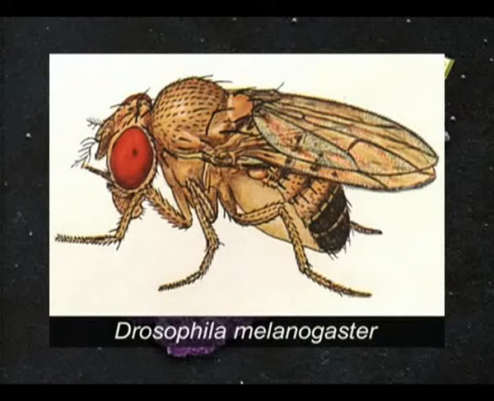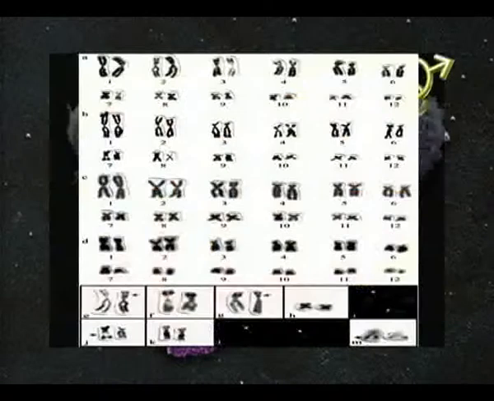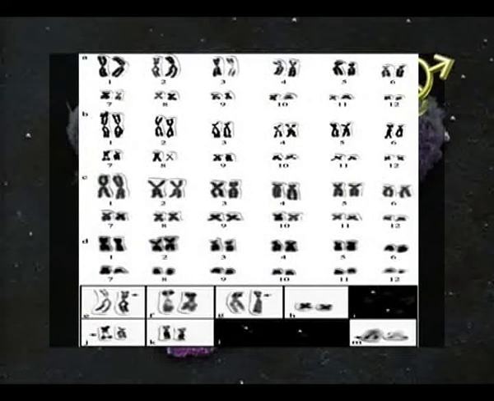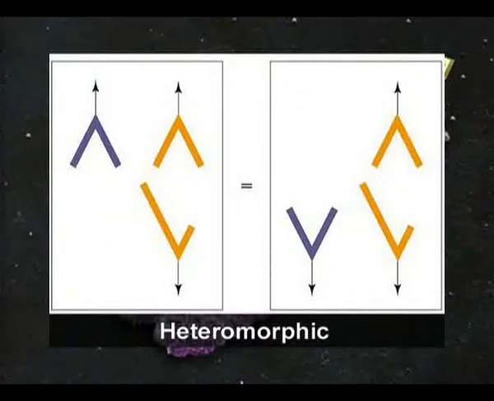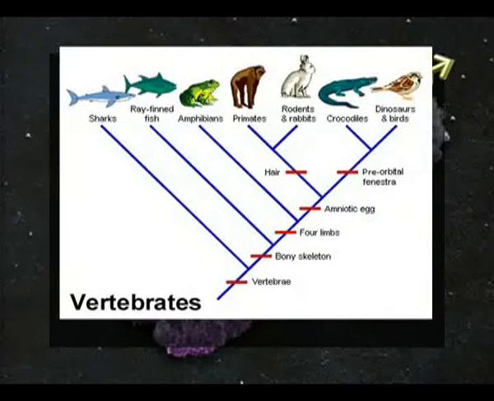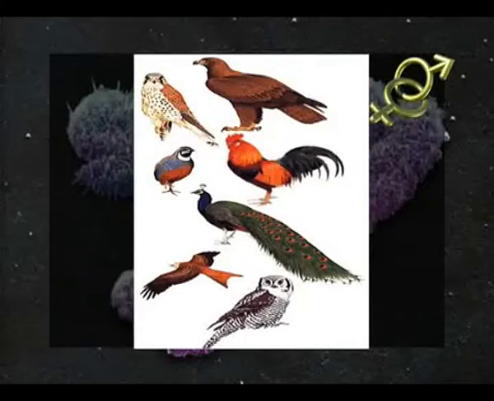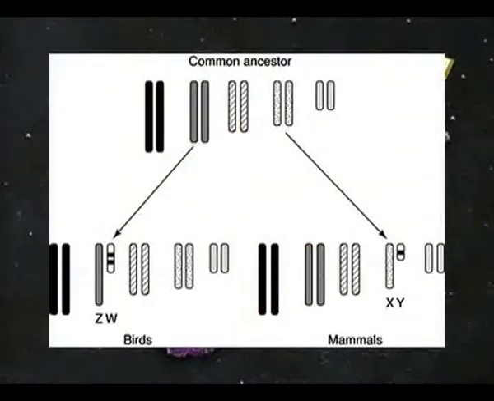In the fruit fly Drosophila, females are XX homomorphic and the males are XY heteromorphic, as in humans and most other vertebrates. However, in birds, the males have two Z chromosomes and the females have a Z and a W chromosome.